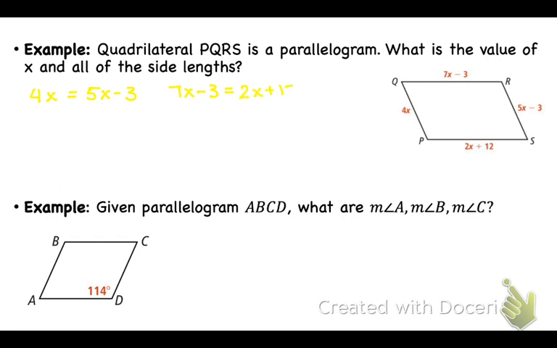So Tori's side gets to do 7x minus 3 equals 2x plus 12. And this side over here gets to do 4x equals 5x minus 3. Should we get the same answer? Okay, so both of you do it, and I'll have to do both of them.